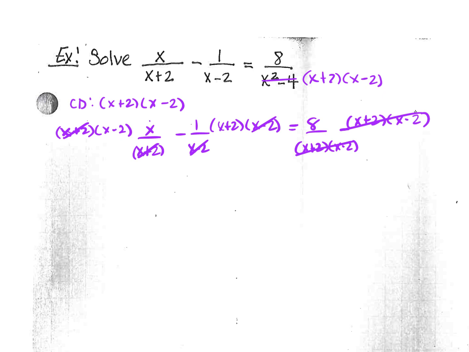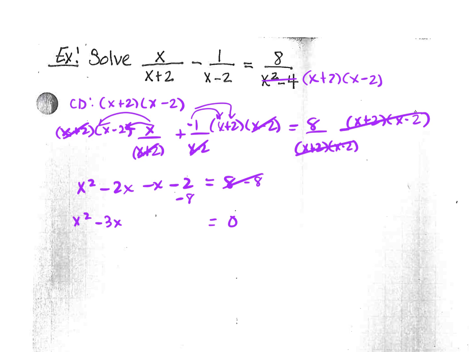So I'm left with distributing x squared minus 2x. I'm going to distribute this -1 into both of these. Minus x minus 2 equals 8. I'm going to go ahead and subtract 8 from both sides. So that equals 0. And I end up with x squared minus 3x minus 10 equals 0.